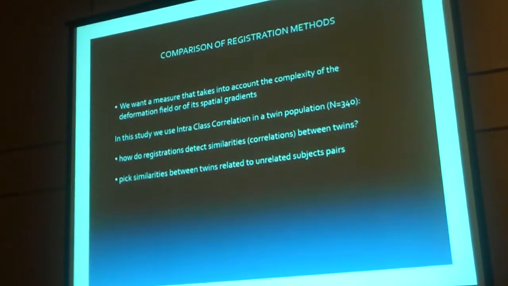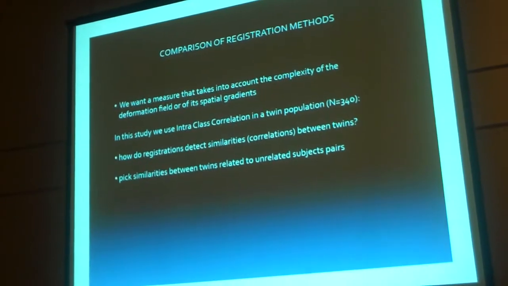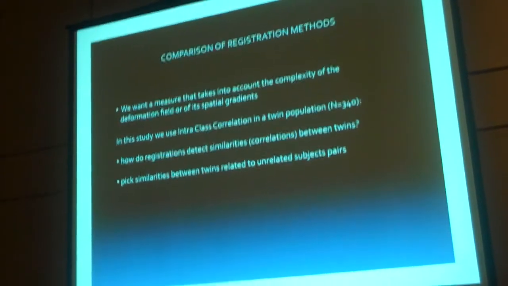We used a twin population of 340 subjects, and we used a statistical measure called intraclass correlation, which is a method that is able to see how correlated a couple of twins is compared to unrelated subjects.